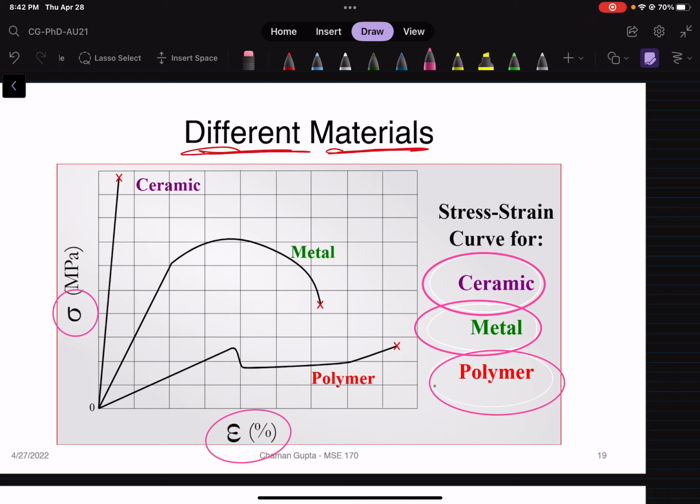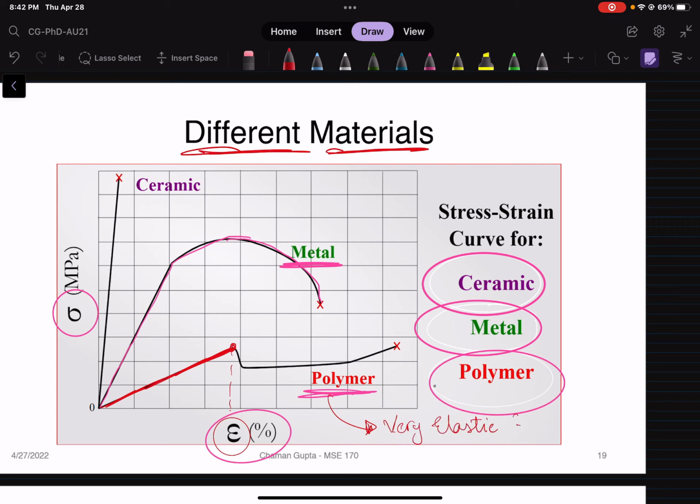Let's start with metal. Metal, again, that's the general curve that we just saw. You have a tensile stress, a yield stress, an ultimate tensile stress, and a fracture. For polymer, you notice that this proportionality limit is super far apart, very high in the strain value, which means that polymers are very elastic.